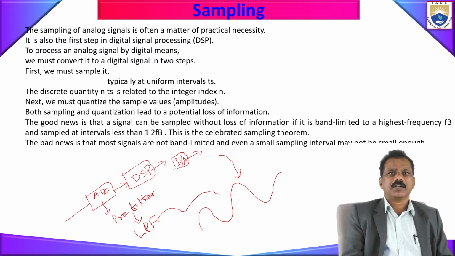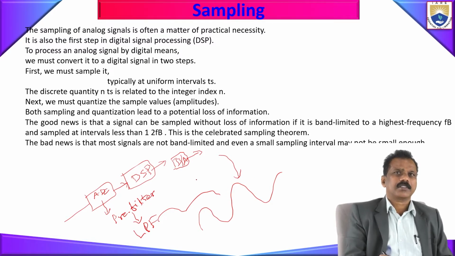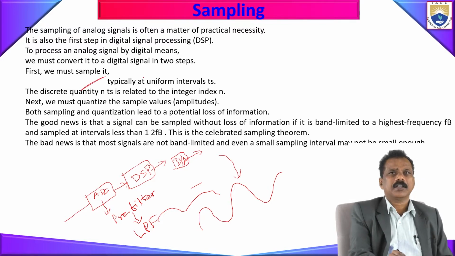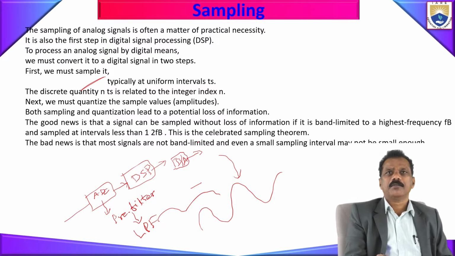Now, to process an analog signal by digital means, we must convert it to a digital signal in two steps. First, we must sample it, typically at a uniform interval Ts.